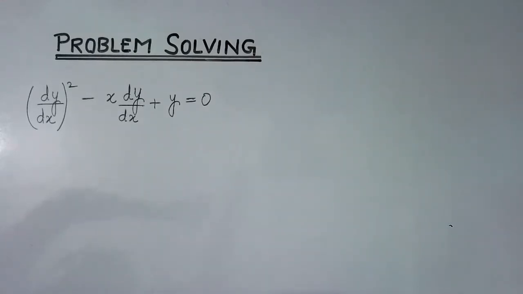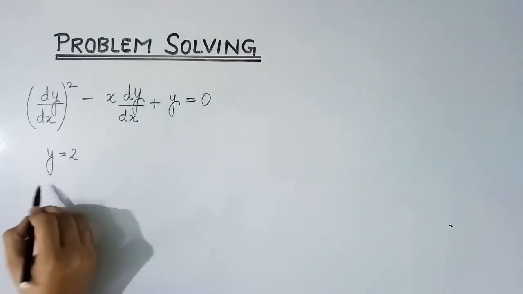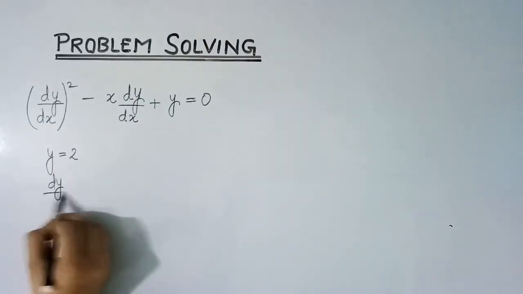Now to find out the solution of this differential equation, we have to find out the answer using the options. So here the first option is y is equal to 2. Let this be the solution, and we have to differentiate it.